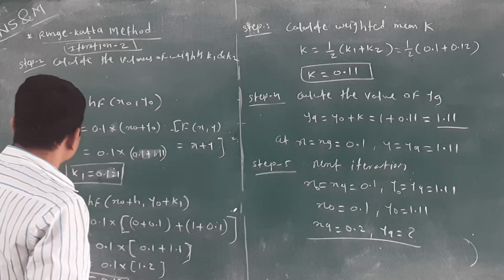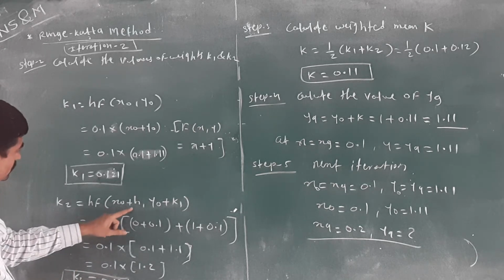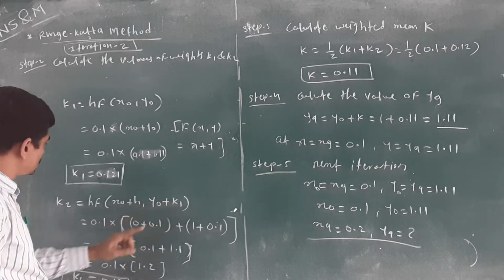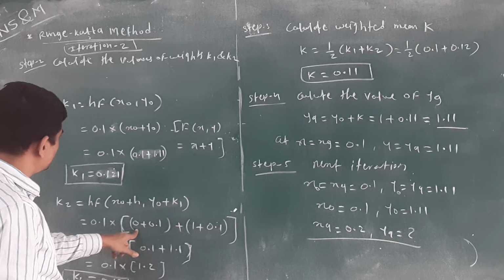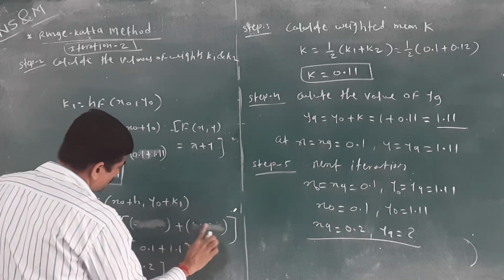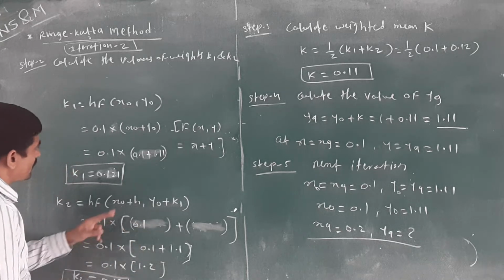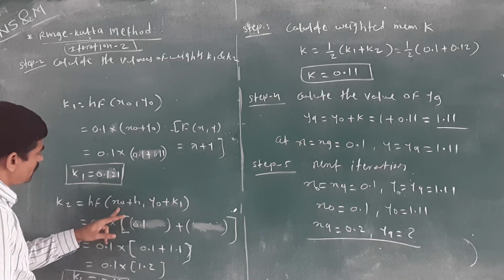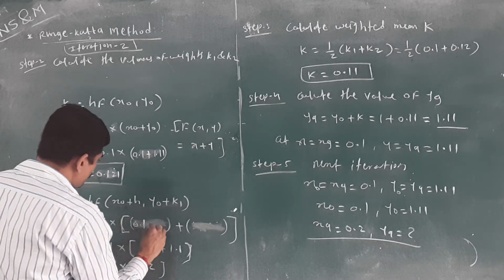K2 value. We will check that: K2 is equal to h f of (x0 plus h, y0 plus k1). What is the x0 value? It is 0.1. Here I will put the value of x0, 0.1, plus what is the value of h?